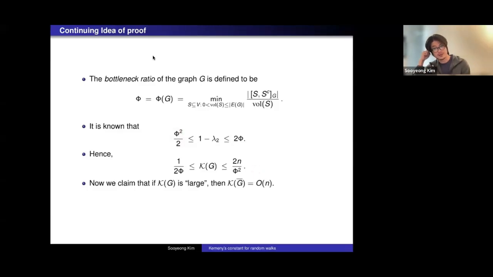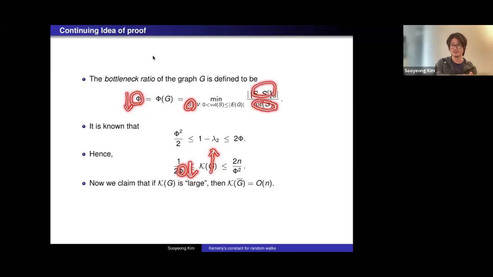Then what we are going to do here, the direction of the proof is that we suppose that Kemeny's constant is large. Then when it gets large, this phi should be lower, right? So phi being lower means there must be some set S such that this denominator is large or this numerator is small, right?